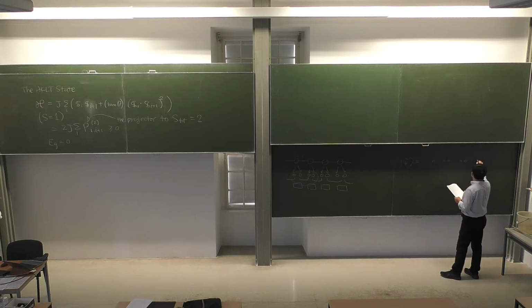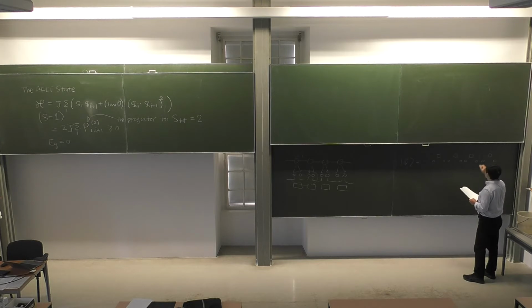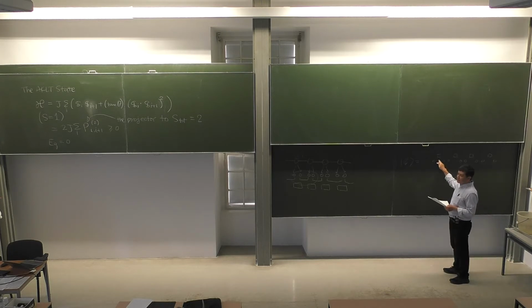I'm basically drawing the same picture again. We define some matrix, this operator is supposed to make the singlet.